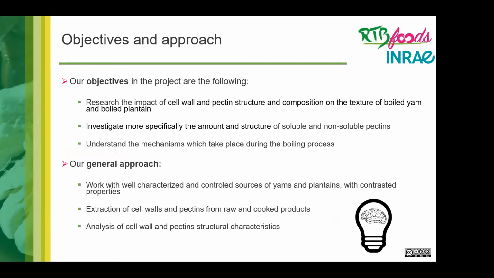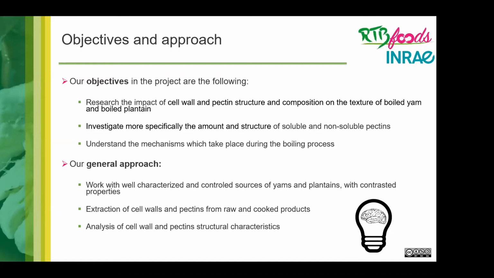We would like to investigate more specifically the amount and structure of both soluble and non-soluble pectin, because as I told you, soluble and non-soluble pectin, which are also methylated and non-methylated pectin, do not undergo the same processes when cooking. And finally, we would like to understand the mechanism which takes place during the boiling process.